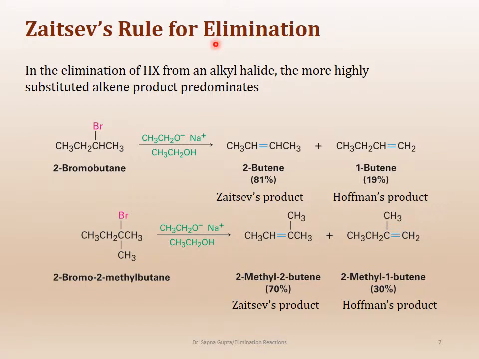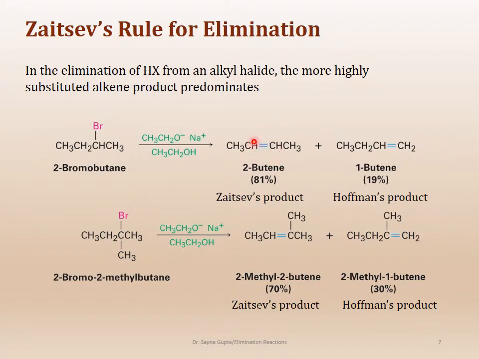And this has to do with the stability of an alkene. And what happens here is that there are two kinds of alkenes possible, all right? If you look at these two over here, this is what we call a terminal alkene because it is towards the end of the molecule, and this is an internal alkene because it's inside the molecule, okay?